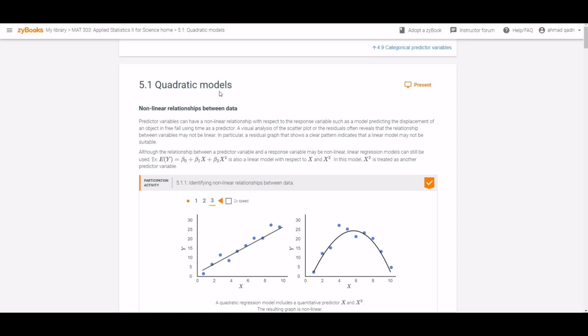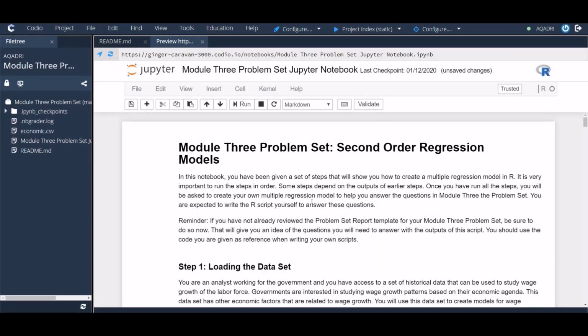So let's start the assignment prep and see what kind of model we have to create this week. Here is the assignment prep for this week. In module 3, we will be working with a second order regression model. This assignment prep will help you prepare for the problem set this week, and we will be studying quadratic models. We're not going to go beyond the second order regression, so you can have a third order, fourth order, and nth order regression.